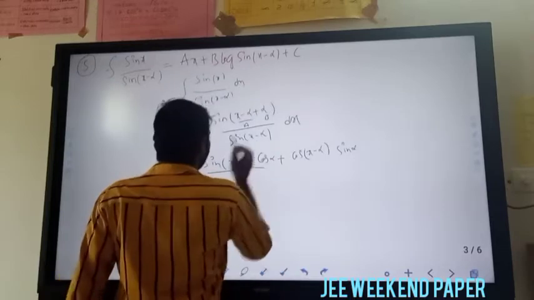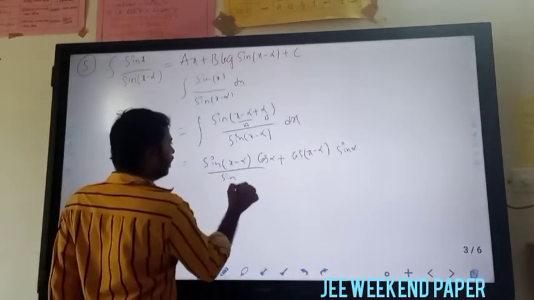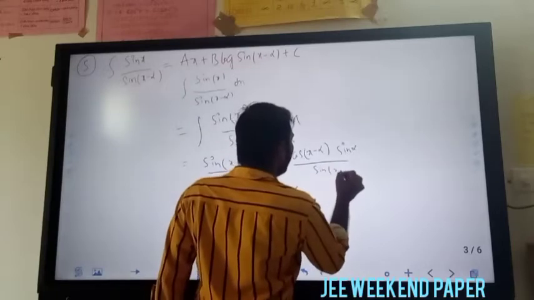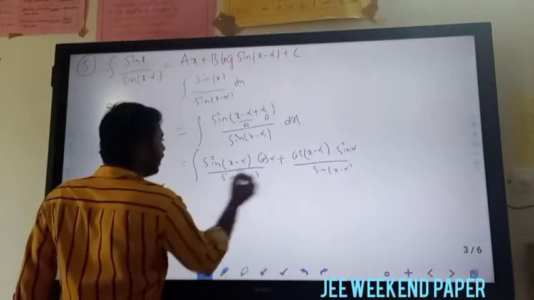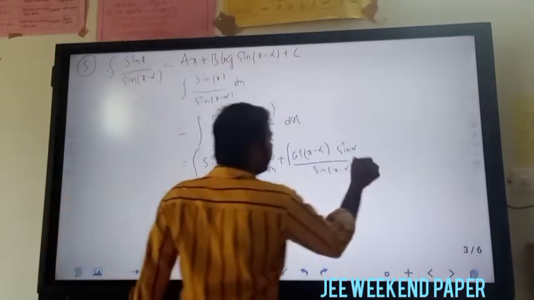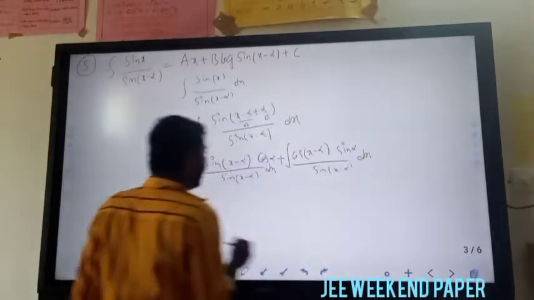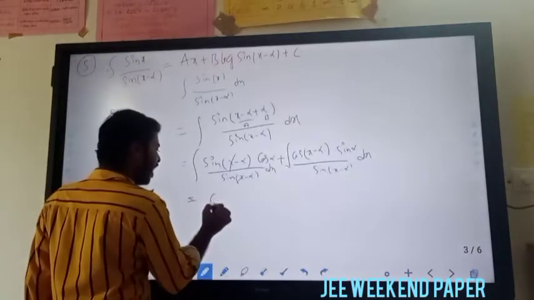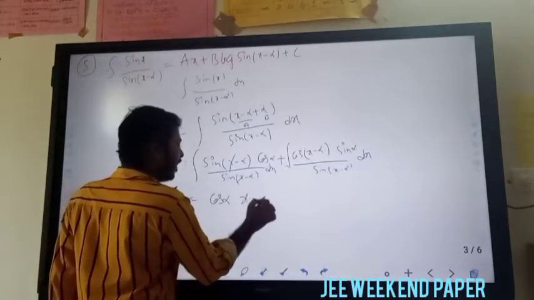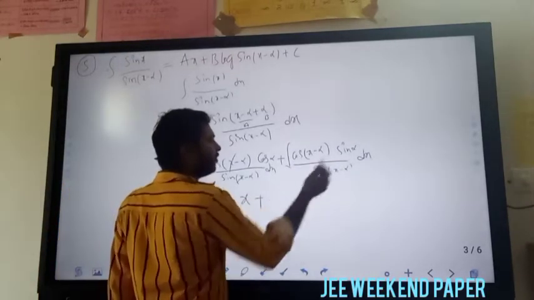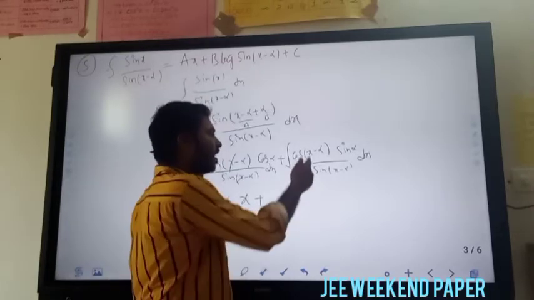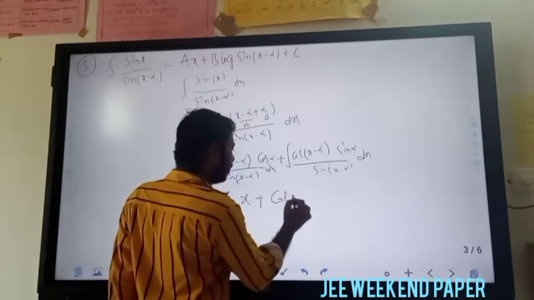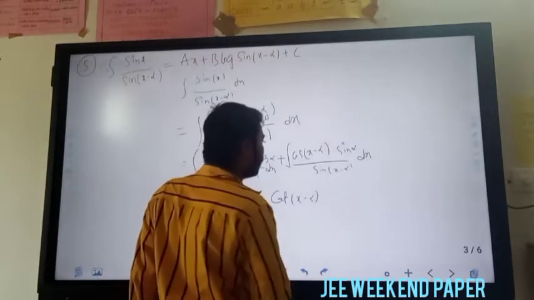Now I am separately writing: sin of x minus alpha over sin of x minus alpha, integration dx, and here also integration dx. Cos alpha is constant, so 1 into dx is x, plus sin alpha into cos of x minus alpha by sin of x minus alpha, which is cot of x minus alpha.